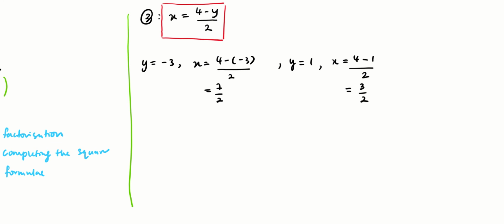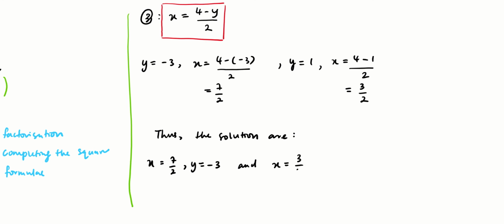So the conclusion is this: the solutions are when my x is 7 over 2, my y is equal to negative 3. And when my x equals 3 over 2, my y equals 1. Finish.